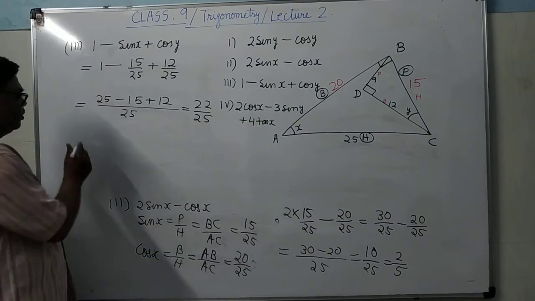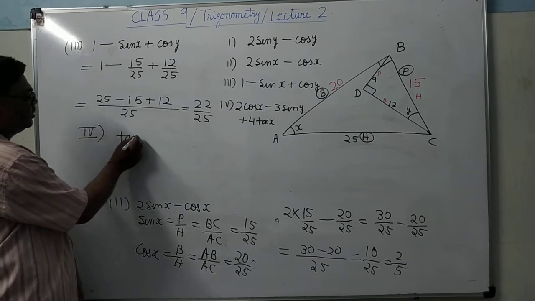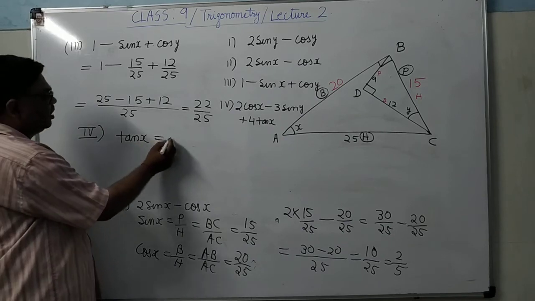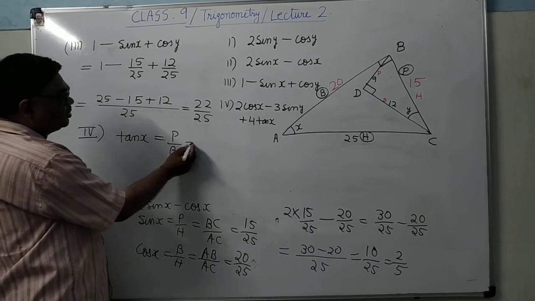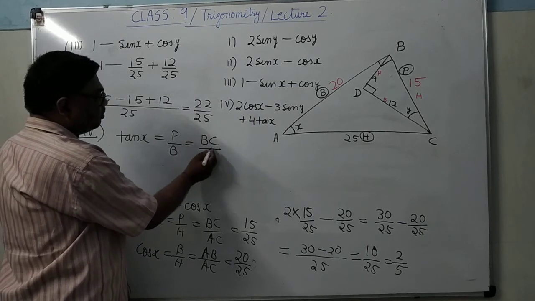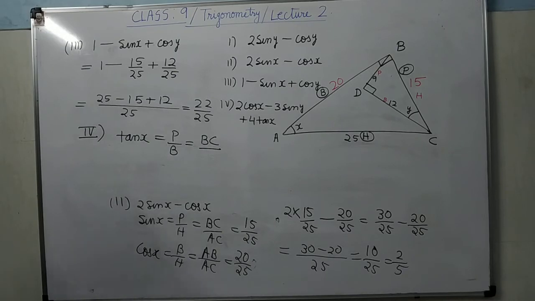So see here, tan x will be seen from triangle ABC. It is perpendicular upon base in triangle ABC.